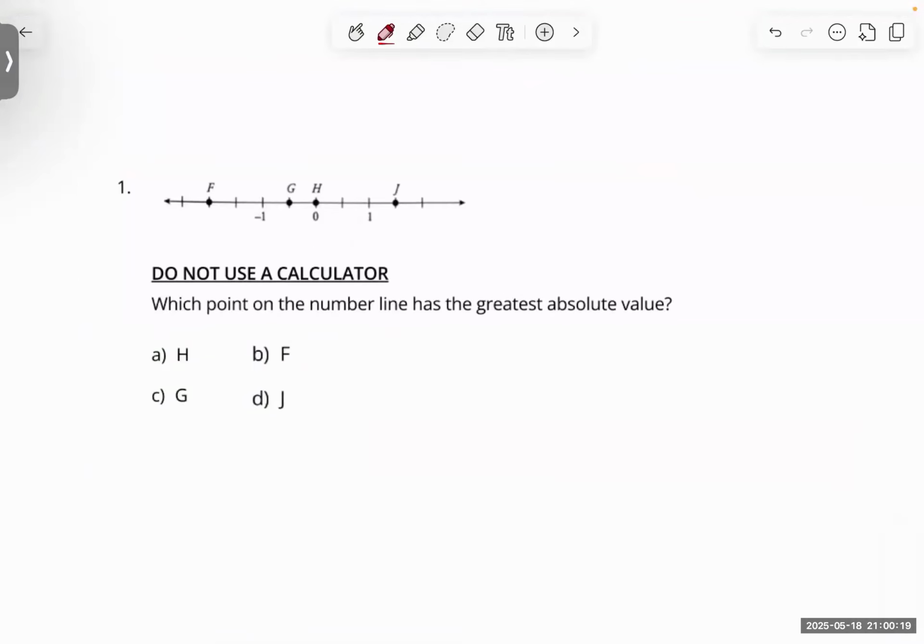Which point on the number line has the greatest absolute value? So here's some key definition here. What is an absolute value? All that an absolute value is that it represents a distance from zero.